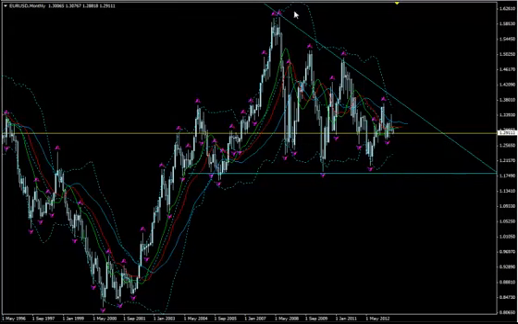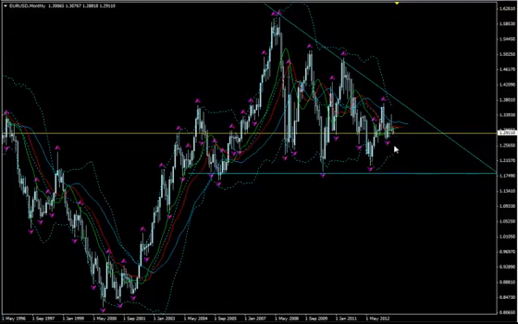Using Bollinger Bands, alligator and fractals, we see that we had a valid bearish fractal here close to the upper Bollinger Band above alligator's teeth, which led to this move. Then we had another below alligator's teeth, which led to this minor upward move.